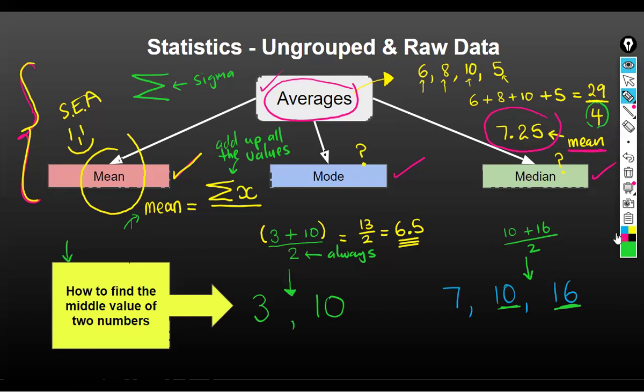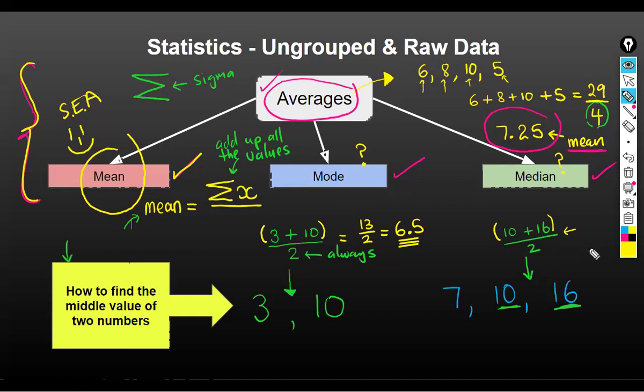Like I said, if you're using a calculator, make sure the top is in brackets. Open brackets, 10 plus 16, close your brackets, then press divide, then 2. But I don't think simple things like this need what? Calculators. Emma, correct. Anybody else have it?